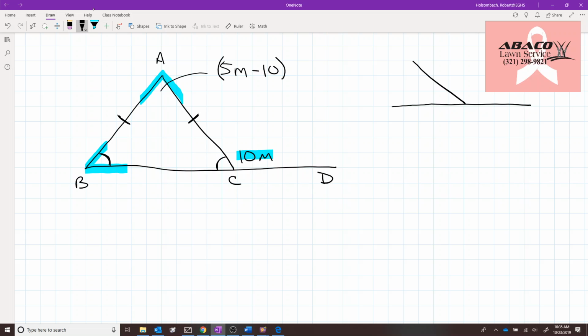If you had a linear pair of angles, and this angle on the right was 120 degrees, what would the angle on the left be equal to? It would be equal to 60 because these two angles sum to 180, right?